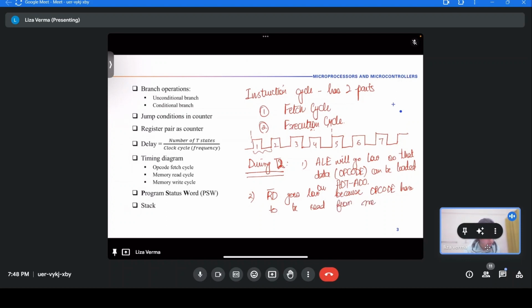So this read operation has to be done. That is where read will go low. And since there is no writing being done, write will be as it is. Yes, this happens during T2.